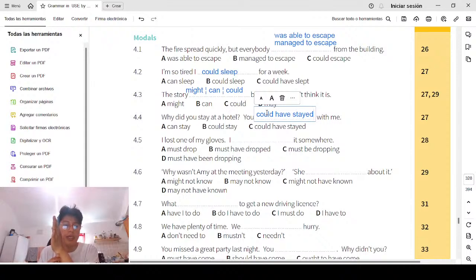So in that case, this is the past, and when you want to talk about a hypothetical situation in the past, you have to use could have. Okay, you could have stayed with me. We're talking about today maybe a hypothetical situation, but that hypothetical situation would happen in the past, right?